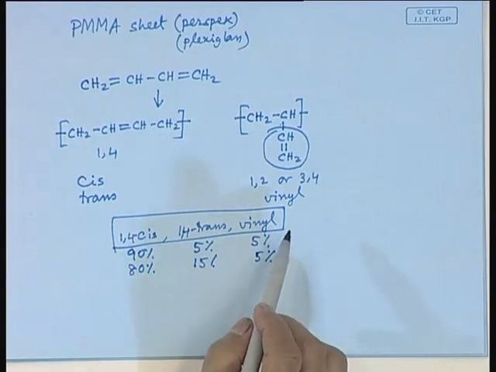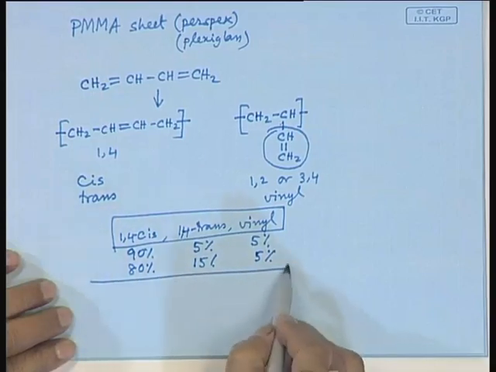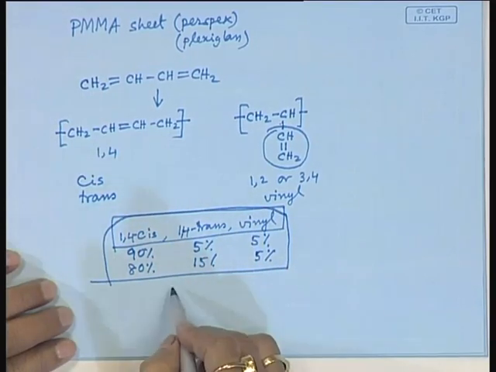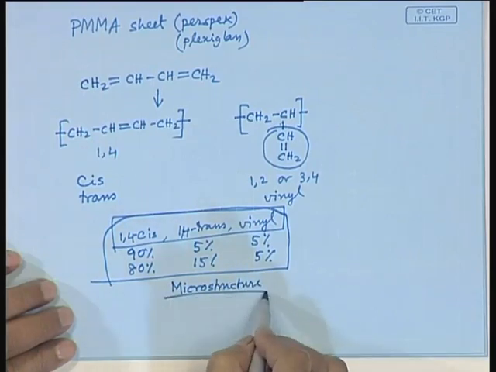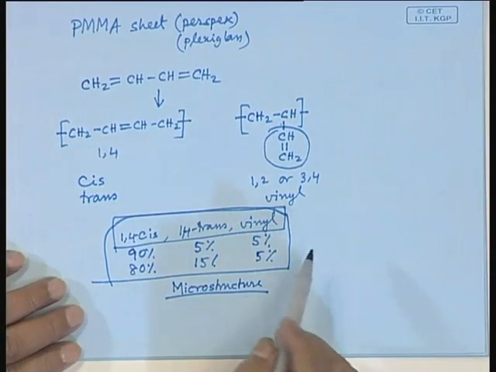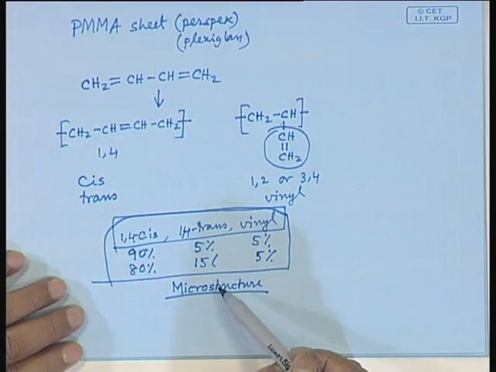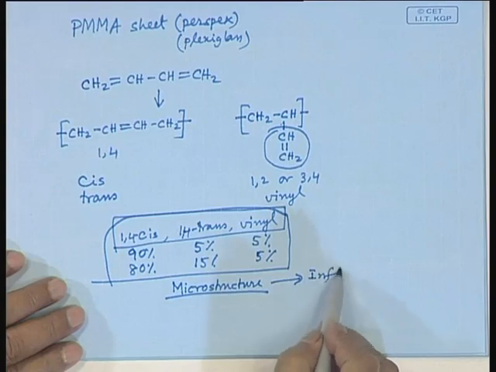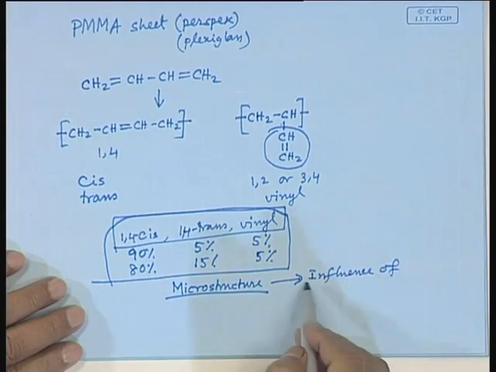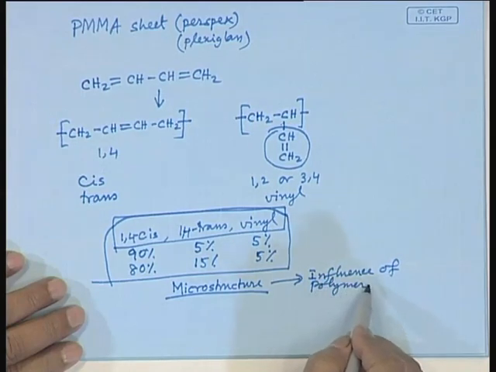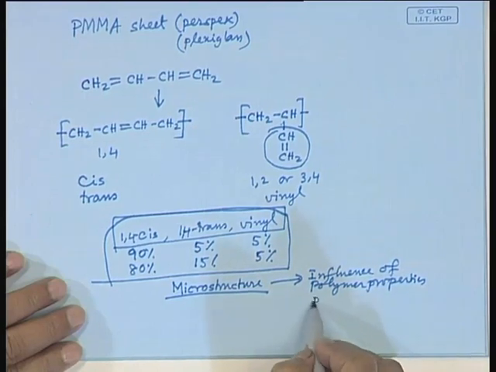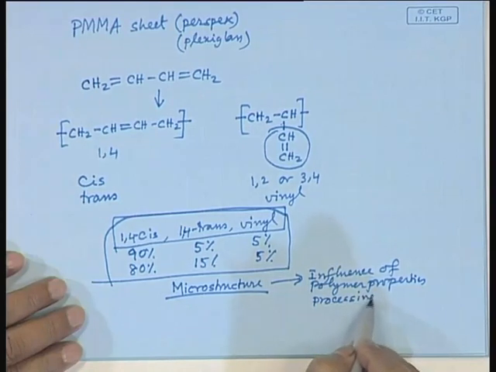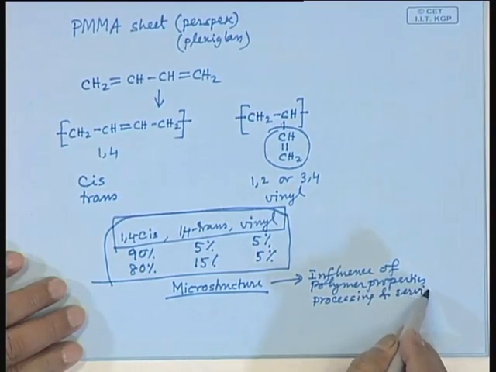So, overall, looking at this composition, this will control the polymer microstructure. That means it can vary the polymer microstructure, and this polymer microstructure has influence on polymer properties during processing and service, properties and processing properties.